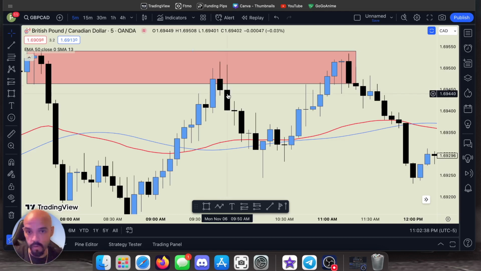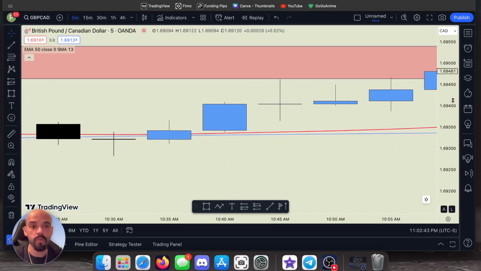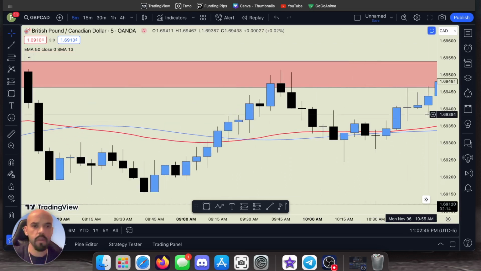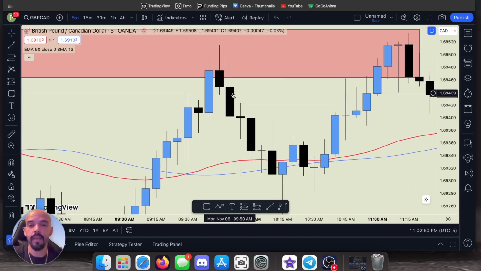Now on the next one, right here, is where it gave us our break of candle. So what is a break of candle? The moment this candle breaks the bottom of the previous candle, that's the break of candle, and I'm getting in right there.